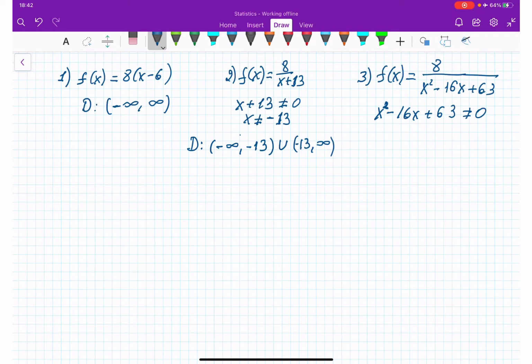The bottom line is I have to find two numbers whose multiplication will give me 63 and whose addition will give me negative 16.